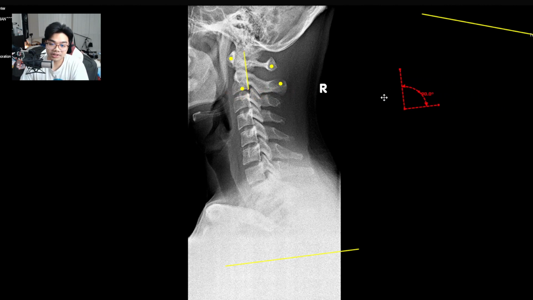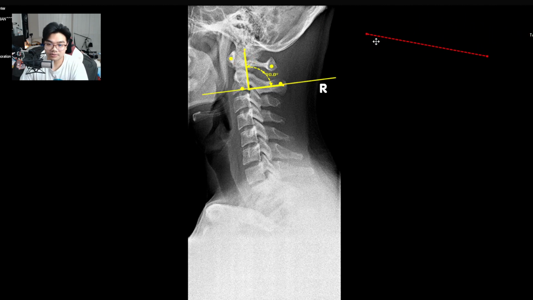The only way we get that line is if we have a 90-degree perpendicular angle between the odontoid process and the body. So that's our line here for the axis, and then our atlas plane line is determined by the center of the anterior and the center of the posterior arch.